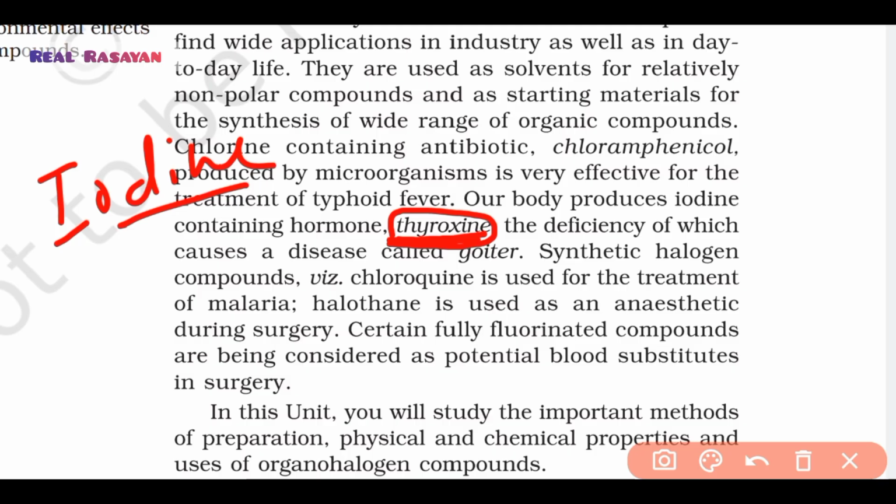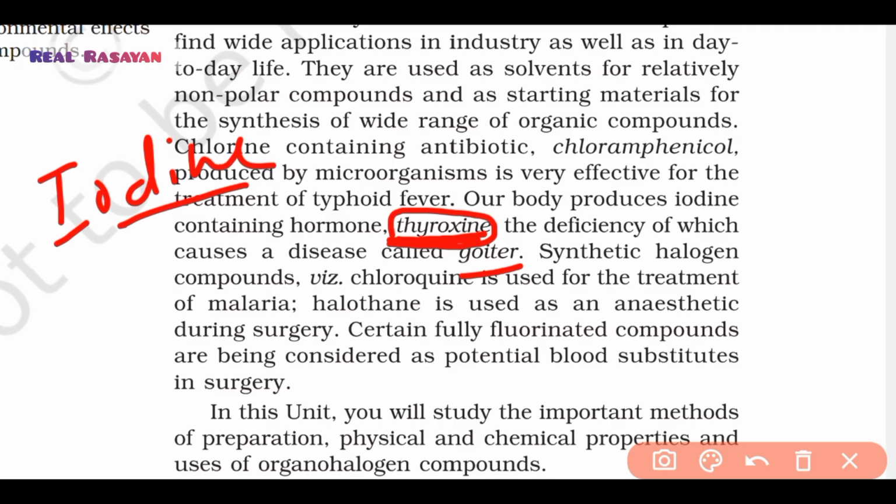If the proper amount of iodine is available in our body, there is no problem. And if there is a deficiency of this element in our body, it will cause goiter. Question: this disease is related to which part of our body? It is related to the swelling of the throat or the neck region.